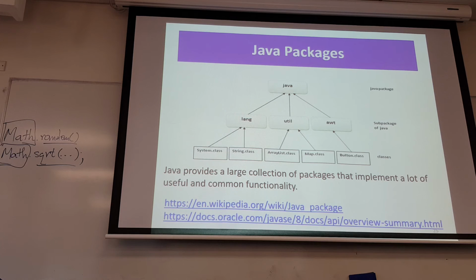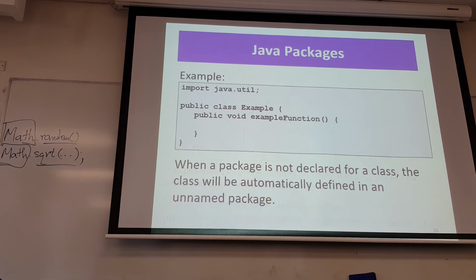So the dot gives the path. Look, import java utility. We don't have to put this for lang because it's what the system does implicitly for you. But when you put this, it tells the compiler what path to follow in order to go and use specific classes. So import is the keyword equivalent to include in C++.